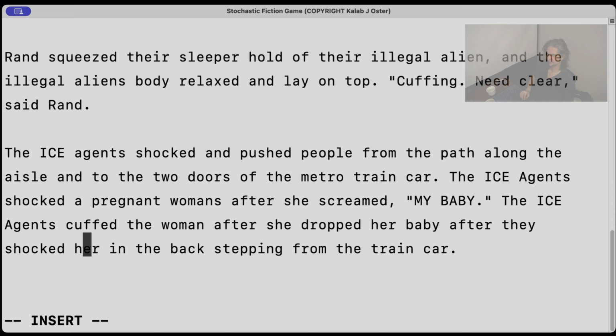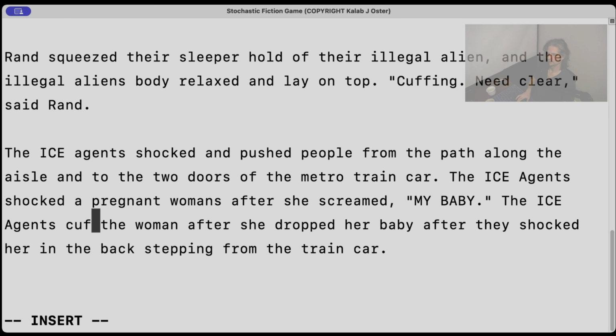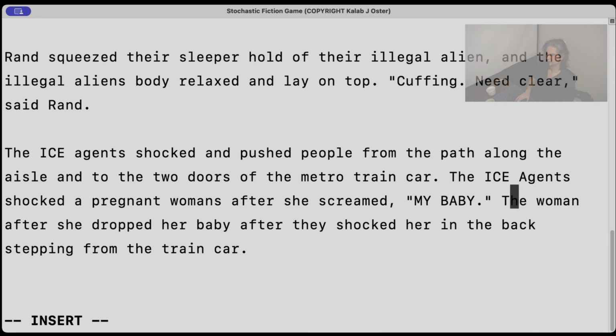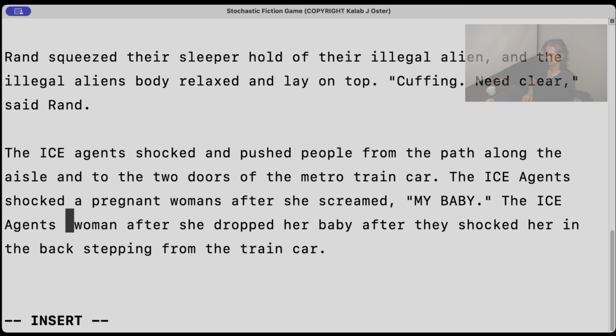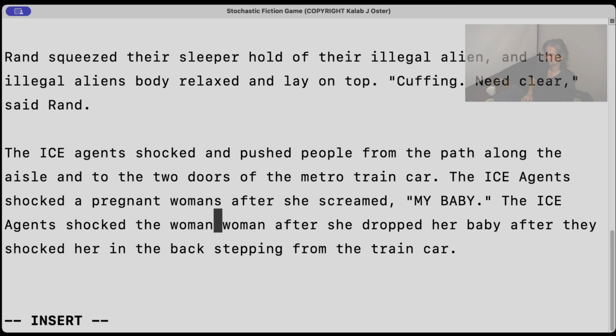The ICE agents cuffed the ICE agents shocked the woman.